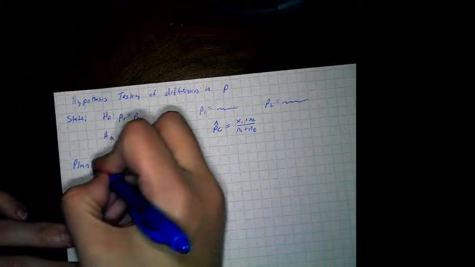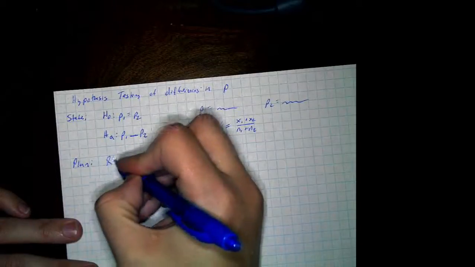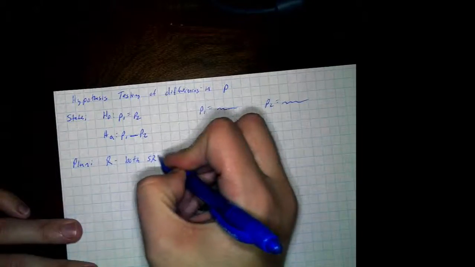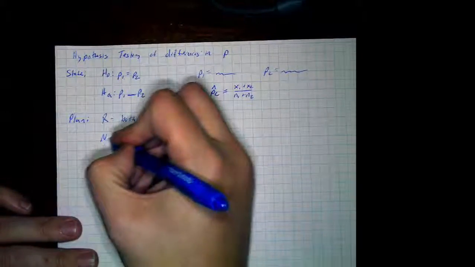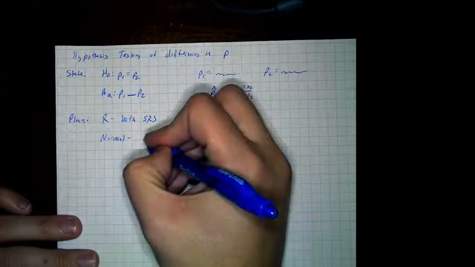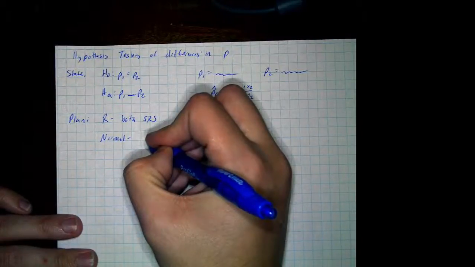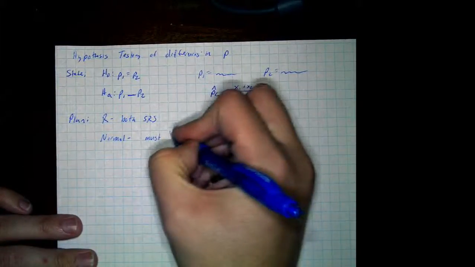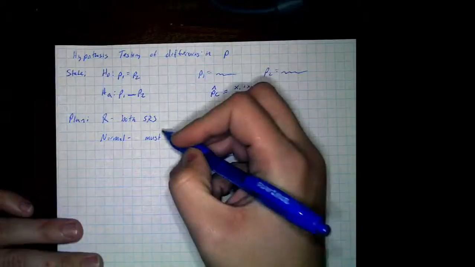Plan. For random, both need to be an SRS. For normal, okay, we're going to have 10 successes, 10 failures, but I'm going to write it out.